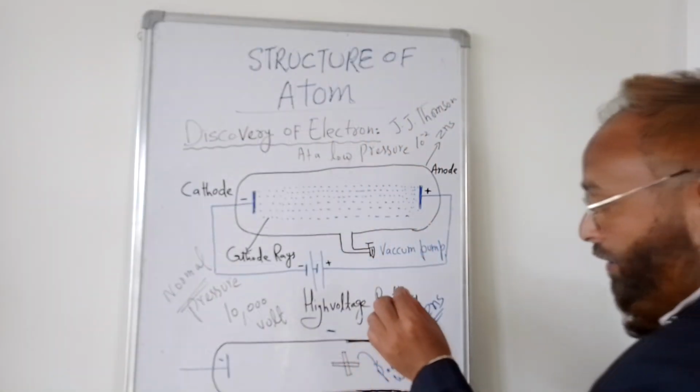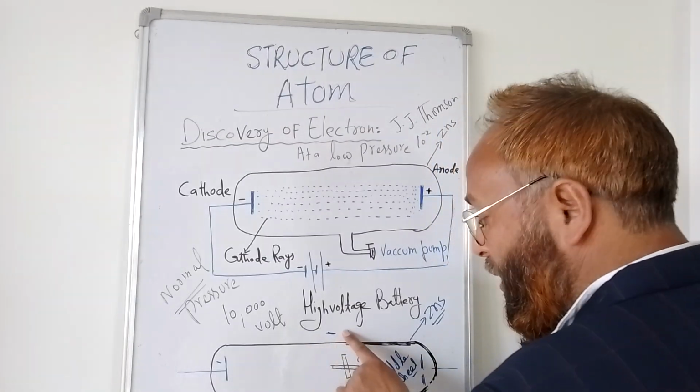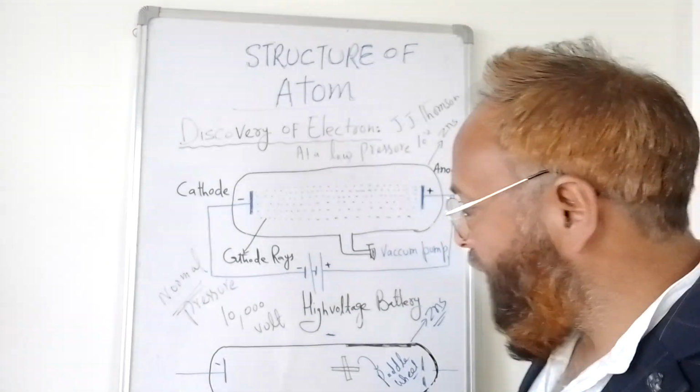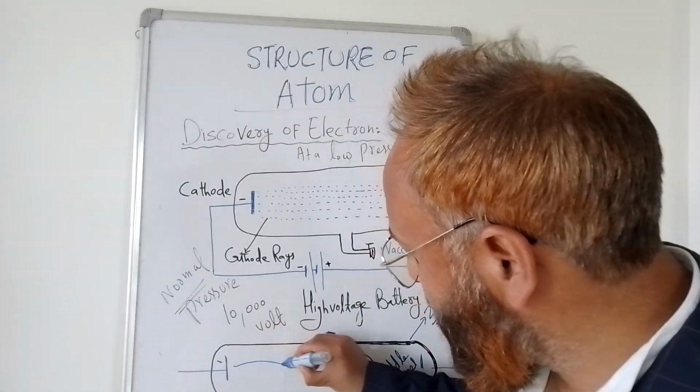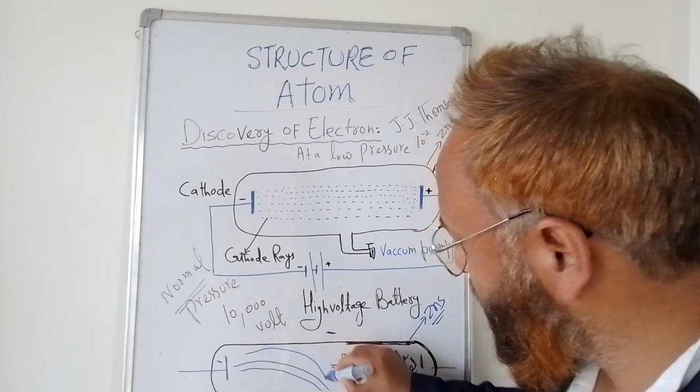Because J.J. Thomson defined two plates, one negative and another positive. When radiations come from the cathode, they deviate towards the positive.